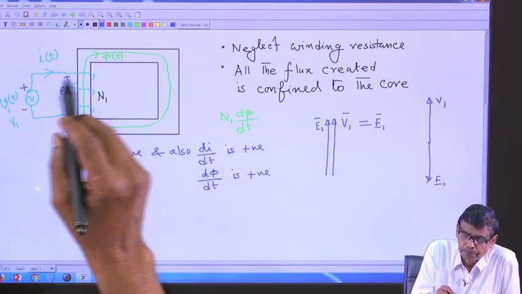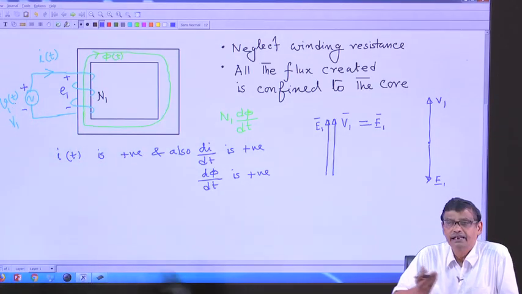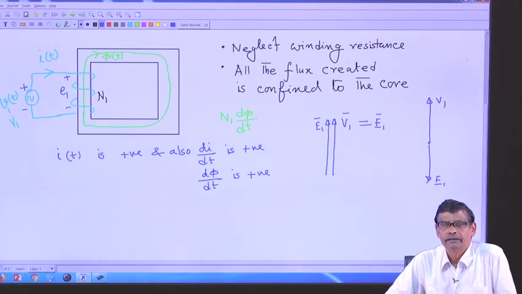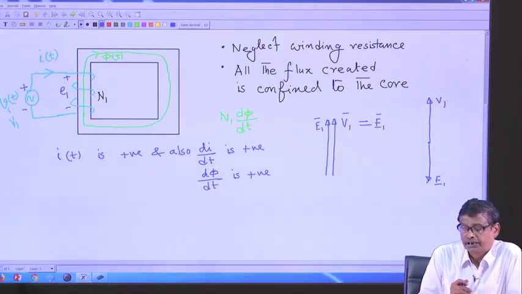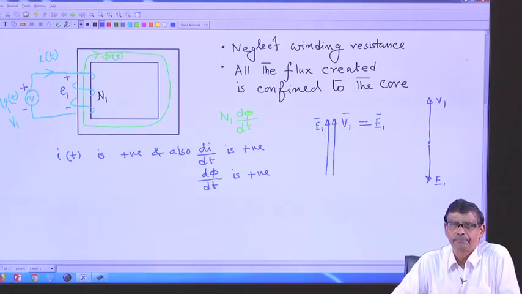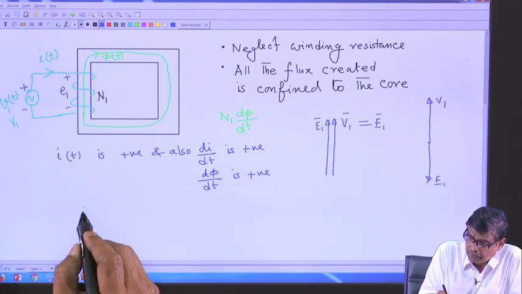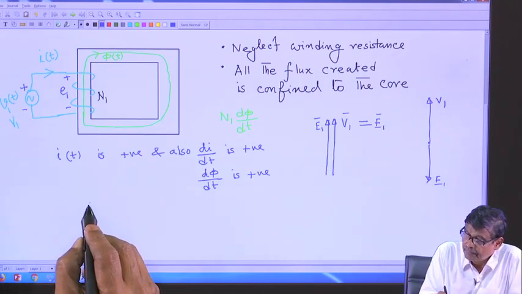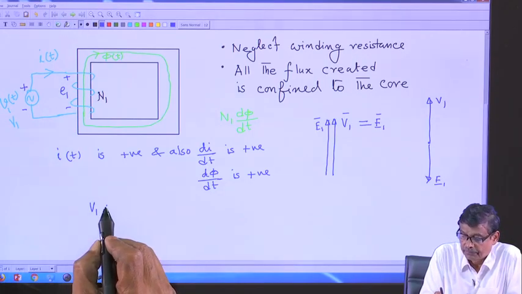In this loop, in this coil loop, KVL is to be satisfied. Therefore, the RMS value of the applied voltage and the RMS value of the induced voltage are to be the same, and we have seen that. Therefore, what is known to me? V1 is the RMS value of the applied voltage.